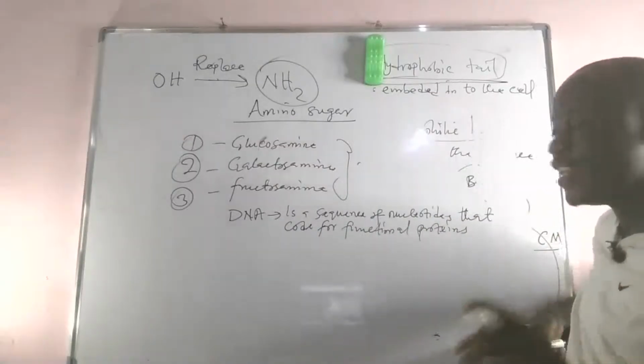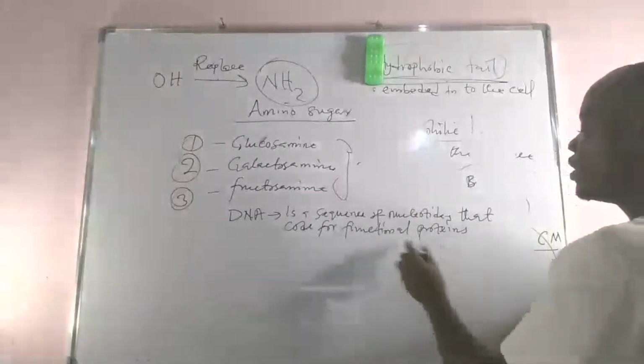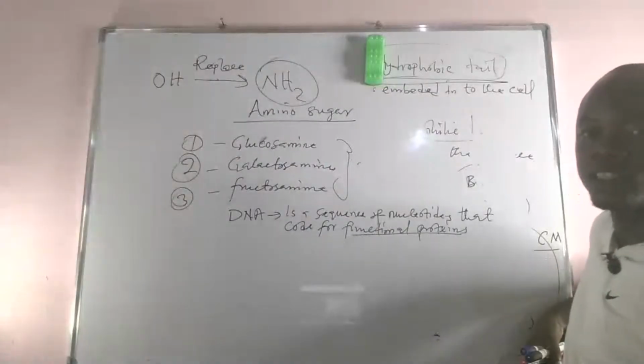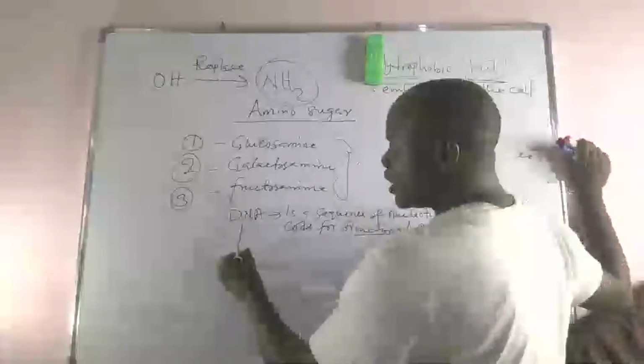So in a DNA, we have a sequence of nucleotides, and this sequence of nucleotides is responsible for producing functional proteins. So how are these functional proteins encoded in the DNA?